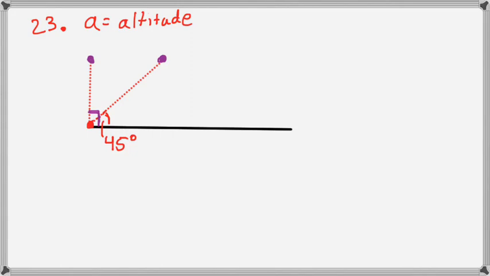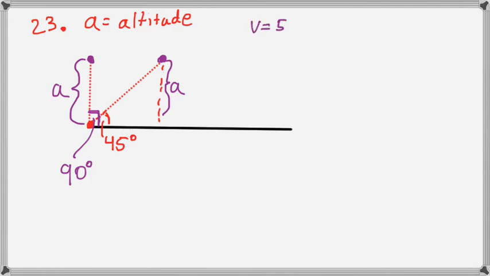All right, great. And the thing that I'm interested in is what is this altitude that the plane is at. So this is my A over here. So this is the piece of information that I'm actually interested in. We notice that this height right here is also going to be A. Now, the next piece of information that I have is the fact that my velocity is 5 miles per minute.